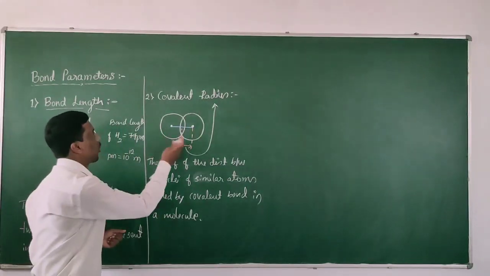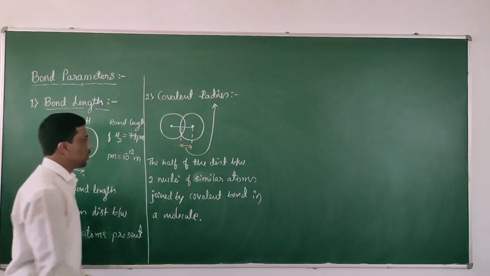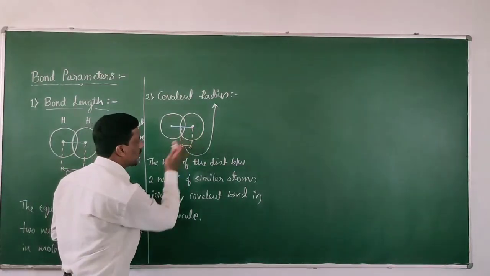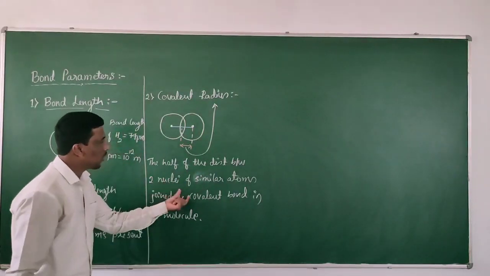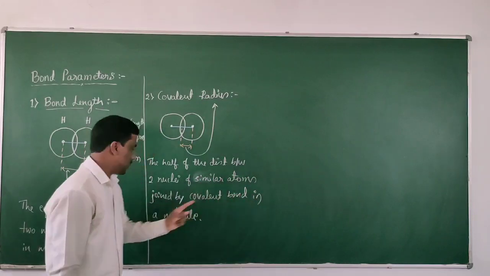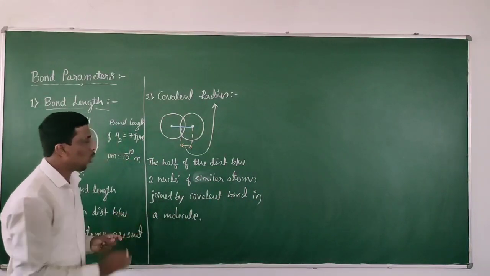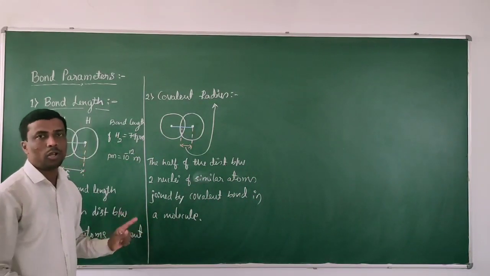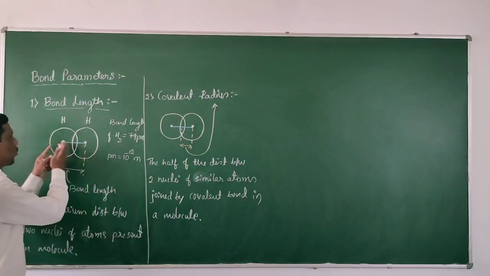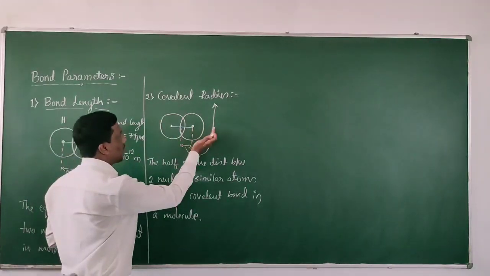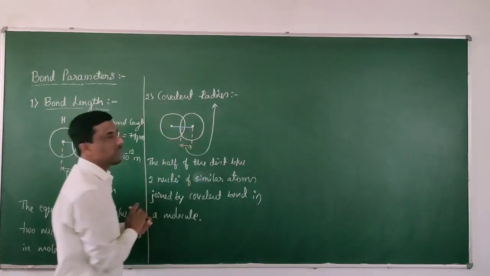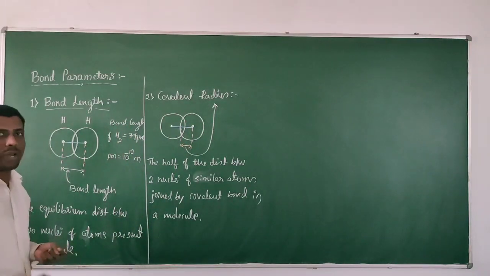This is what? Covalent radius. What is covalent radius? The half of the distance between two nuclei of similar atoms joined by a covalent bond in a molecule. Bond length means we consider the full distance. Covalent radius means what? If we consider half of the distance, it becomes covalent radius.